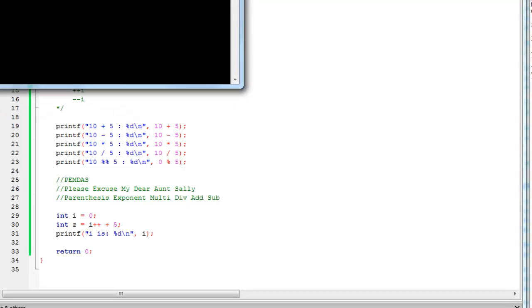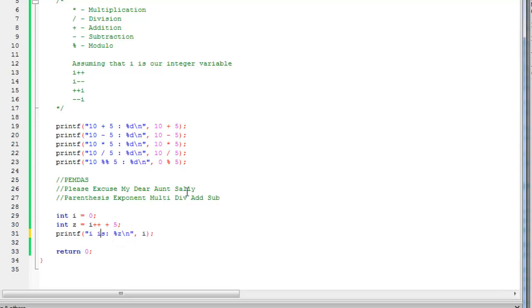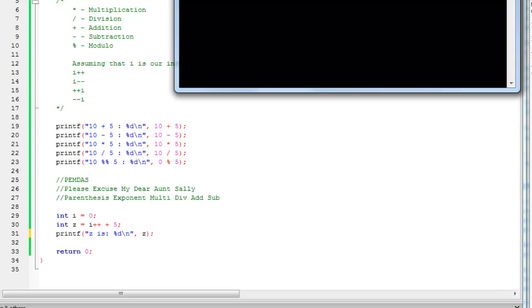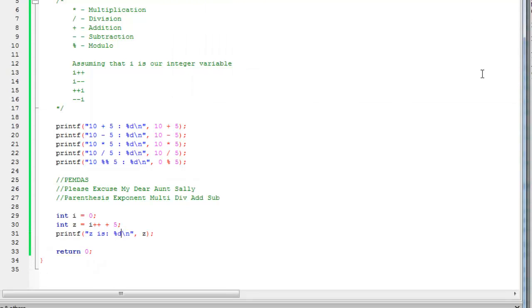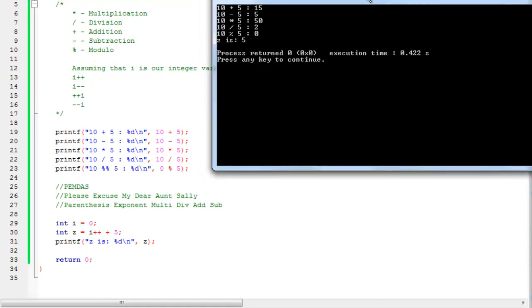Let's see what we get. Oh, I'm sorry, we need to print z here. Oops, this should be %d. Okay, let's print z and see what we get. We get z is equal to 5.